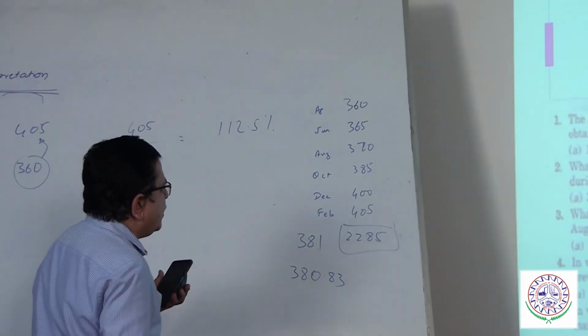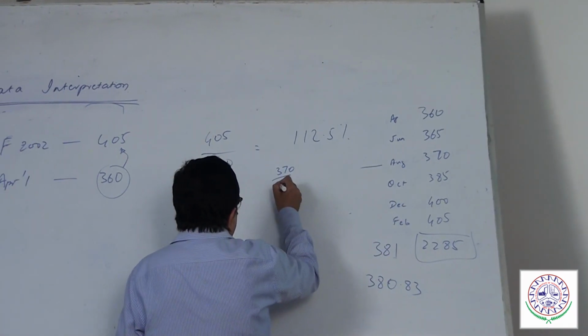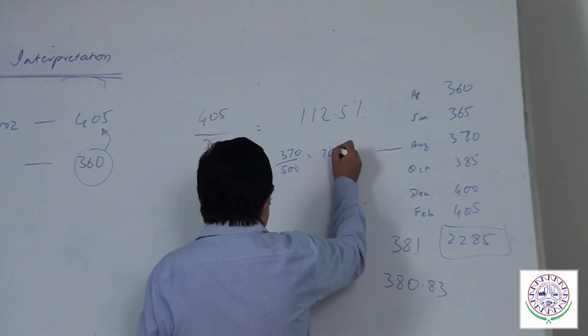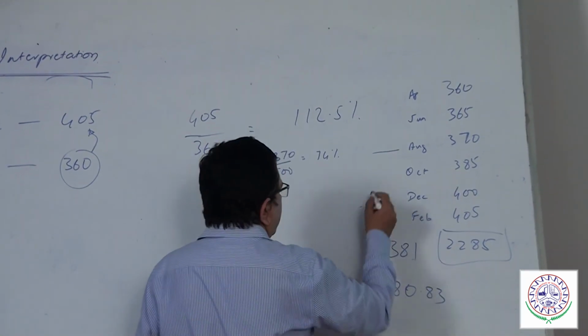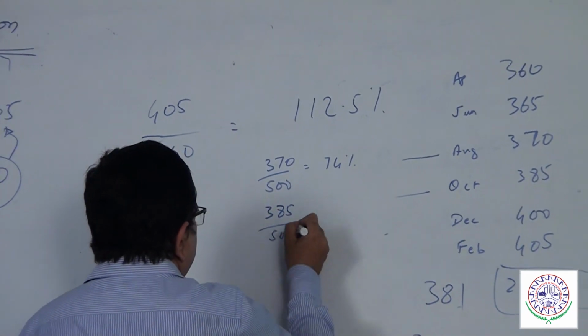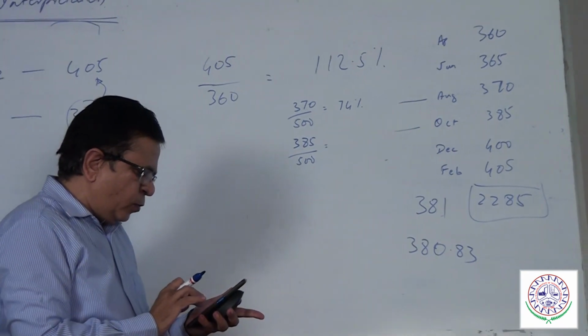Percentage of marks obtained in August was 370 by 500. That makes it 74%. October is 385 by 500. So 385 divided by 500 into 100.